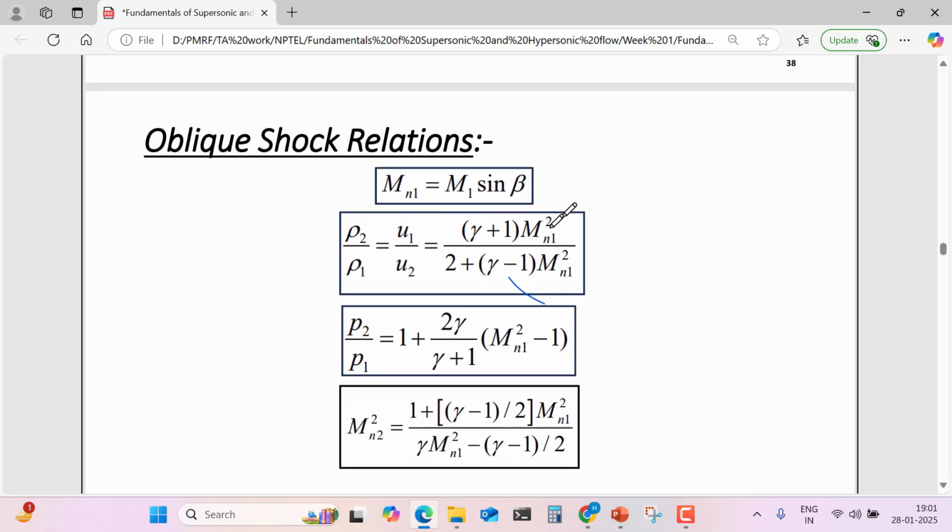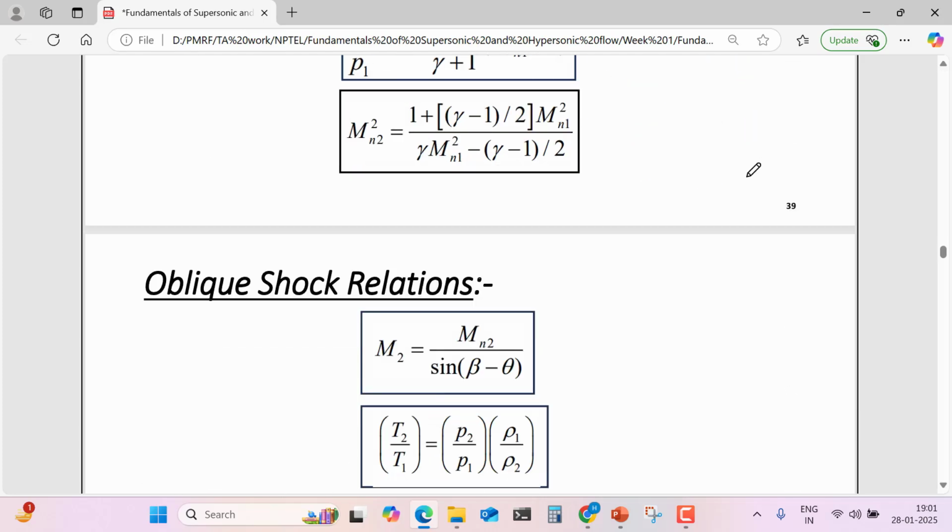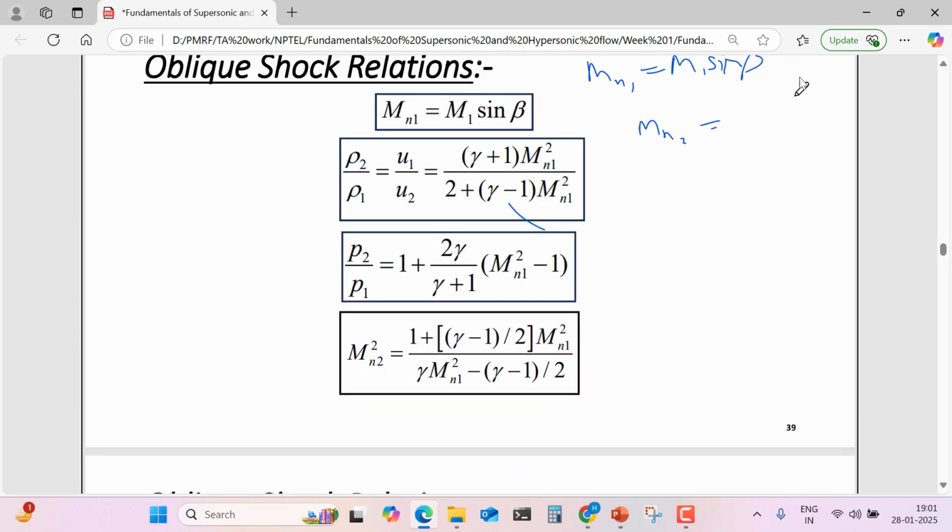As we have resolved the Mach number, flow normal and tangential to the shock, we will get Mach number Mn1 equal to M1 sine beta, and Mn2 equal to M2 sine (beta minus theta).